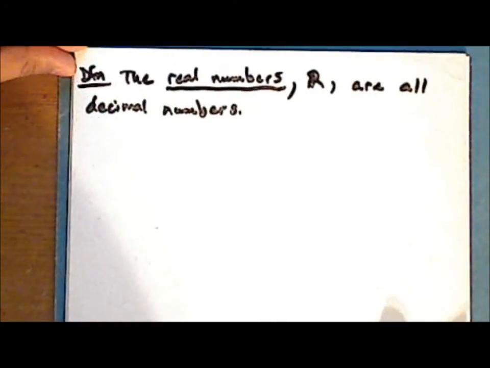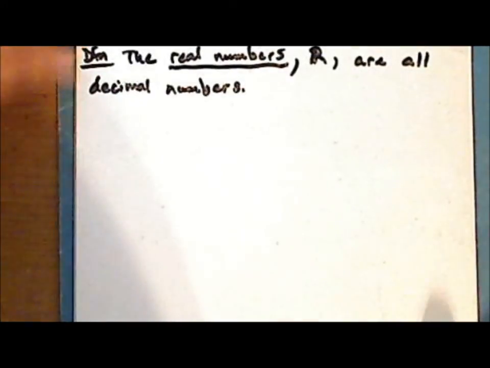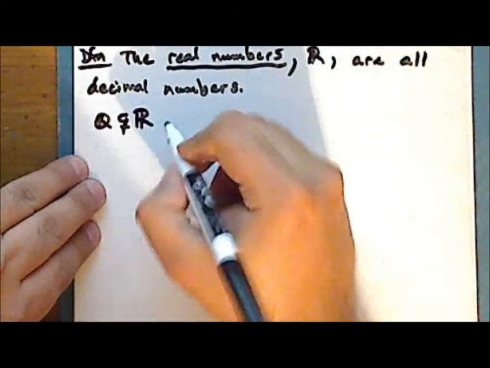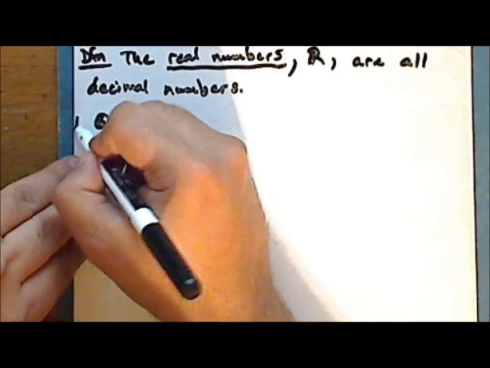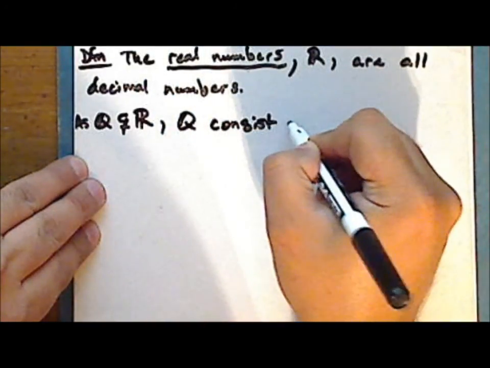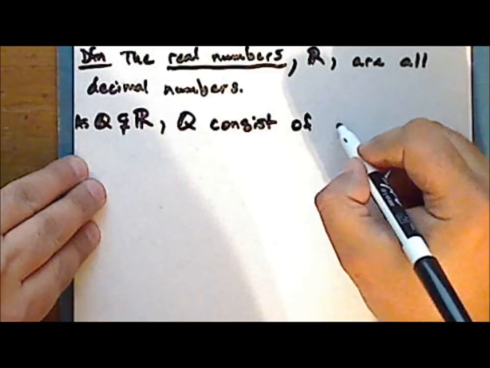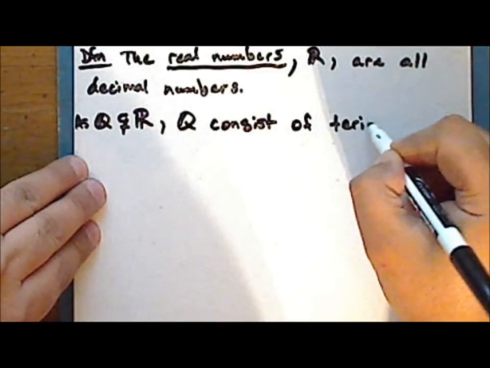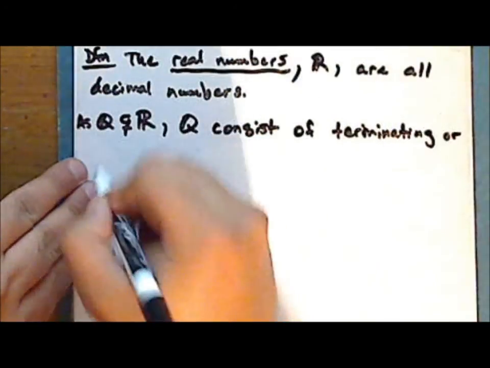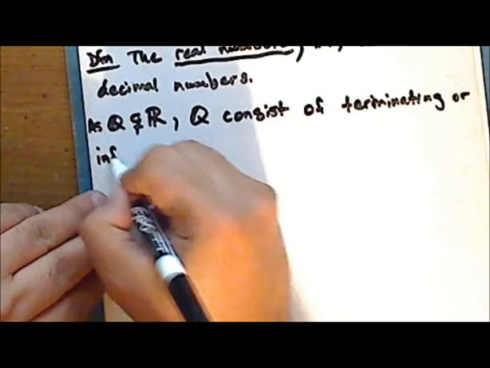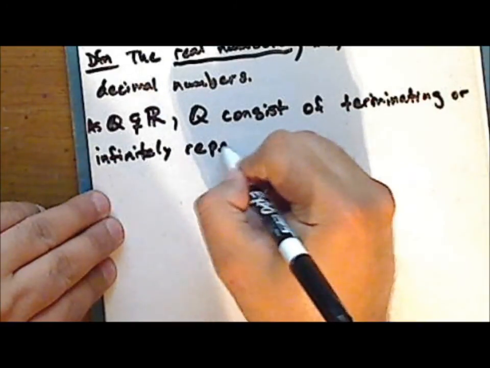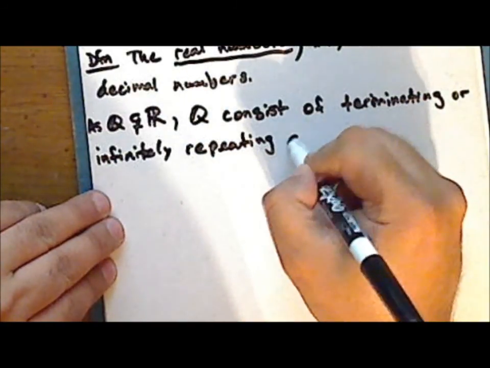So as a subset of the real numbers, the rational numbers consist of either terminating or infinitely repeating decimals.